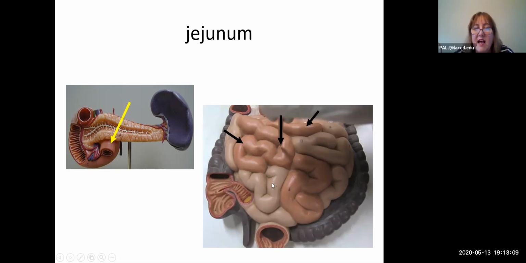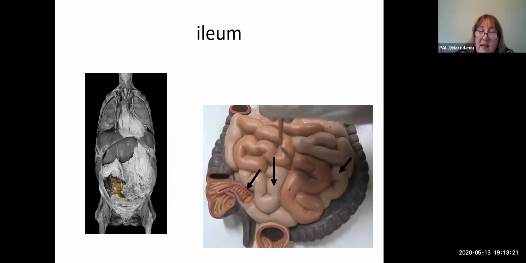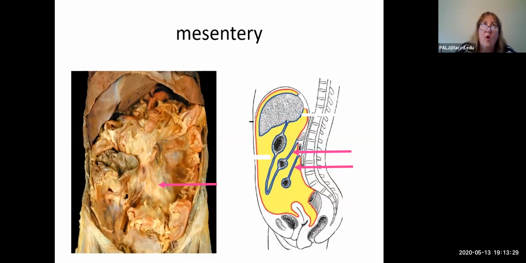Whereas if something is tagged in the right lower quadrant, where you can follow it going from the large intestine, if I tag it right there, you know that has to be ileum, because it's leading you right to the large intestine.